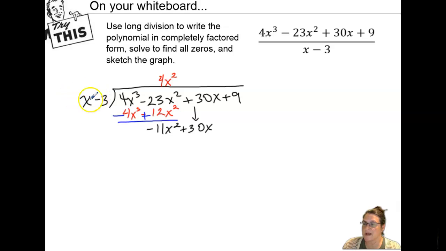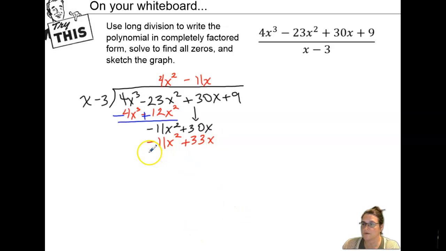So what do we multiply times x to get -11x squared? And that would be a -11x. -11x times x is -11x squared. -11x times -3 is a positive 33x.